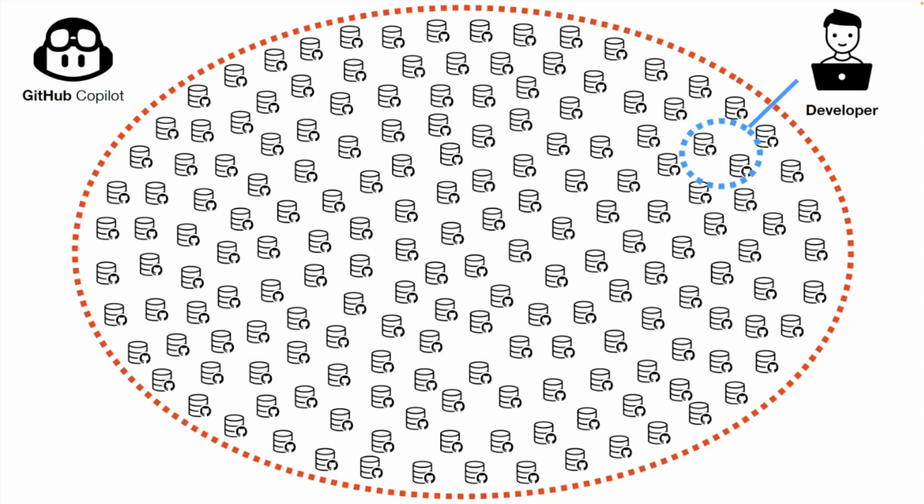And every time that a developer triggers GitHub Copilot, the suggestion is limited to the knowledge base of these large language models. The same applies to an organization, which probably hosts more repositories than a single developer.